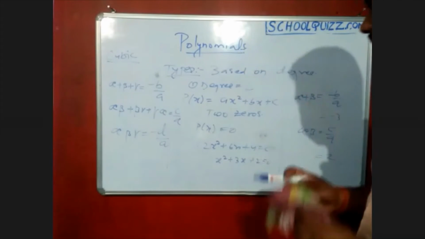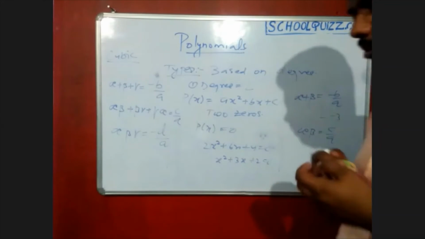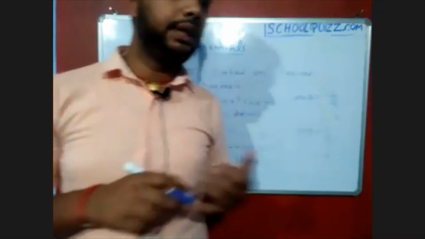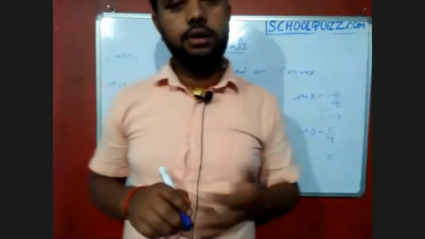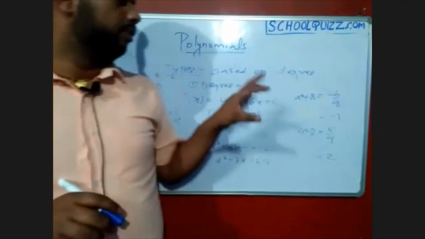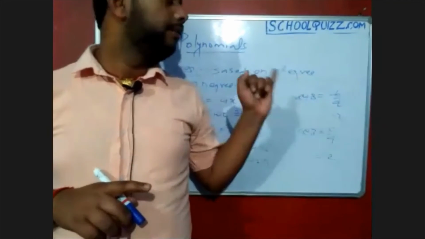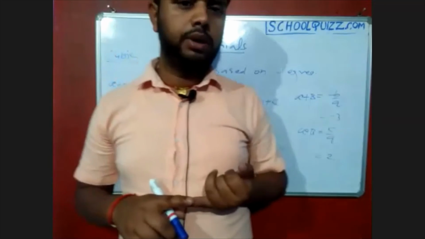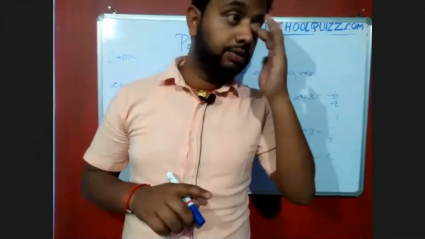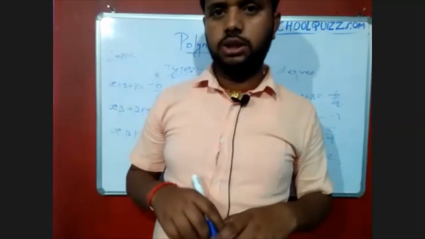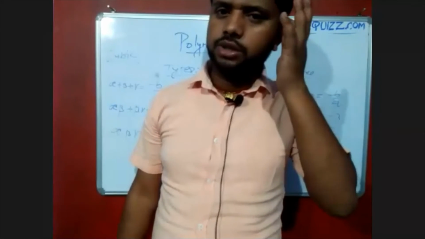So see, this much is important in that polynomials chapter, and as we know from here only linear, quadratic and all this came, but they will focus very little on that. Either they will ask you to find the zeros of the given polynomial, or else they will ask whether the given expression is a polynomial or not. This type of question they will ask you in the examinations.